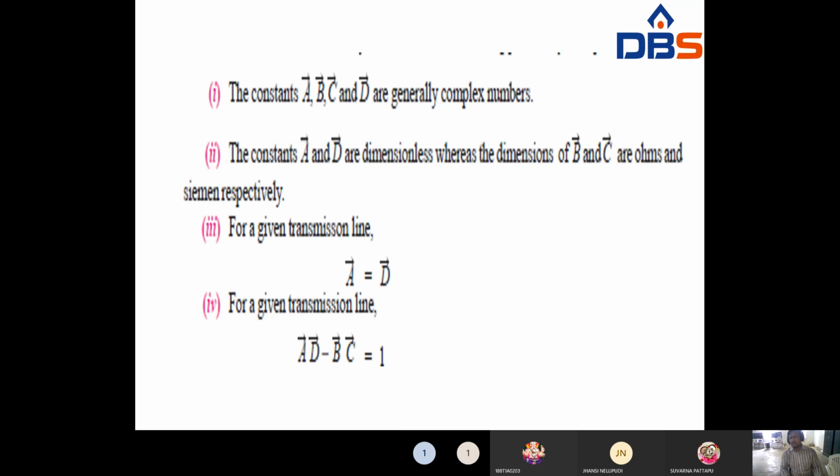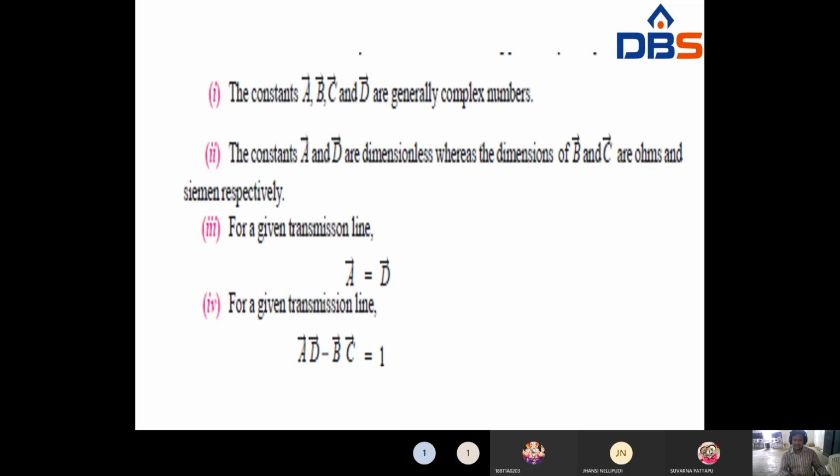Generally ABCD parameters are complex numbers, and the constants A and D do not have any unit, while B and C have units. B is V1 by I2, that is the unit of impedance, ohm.